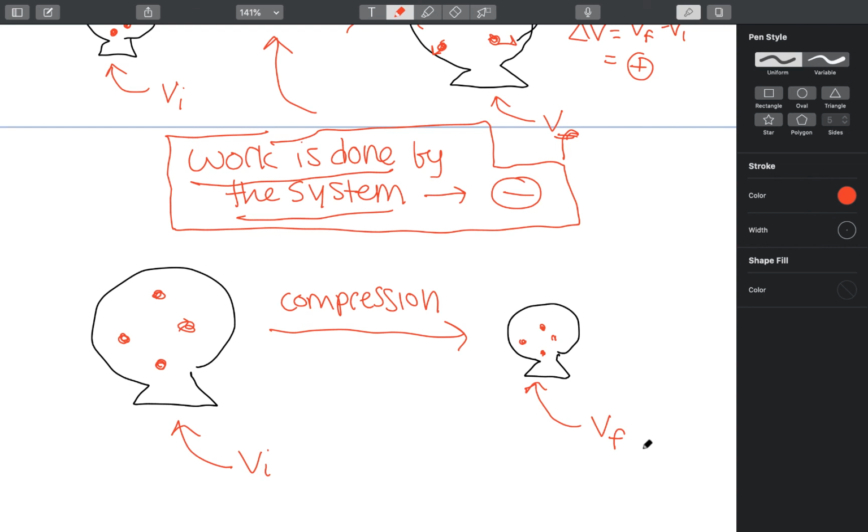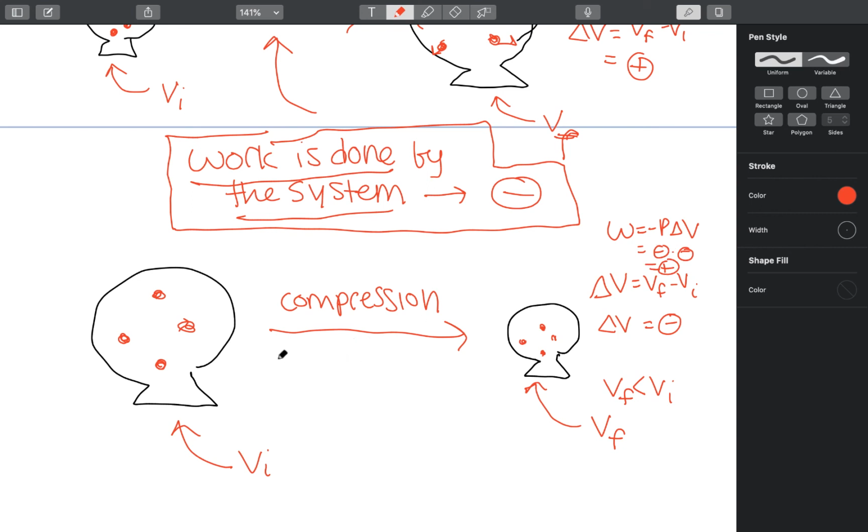So in a compression, what would delta V be? Well, delta V is equal to VF minus VI. Therefore, delta V, since VF is less than VI, will be a negative value. And if we plug this into our work equation, we get a negative times a negative, giving us a positive value.